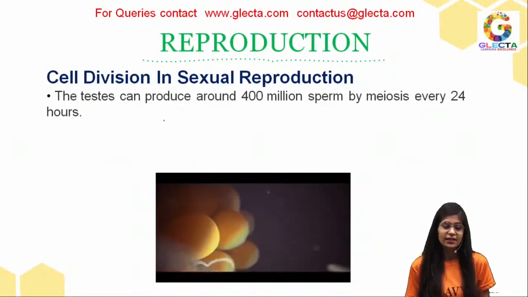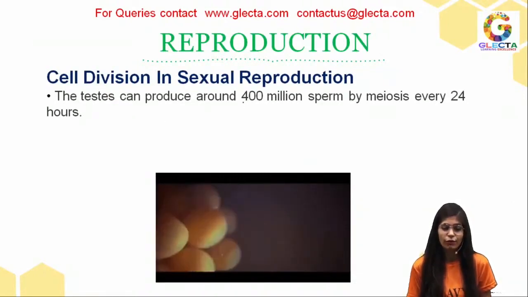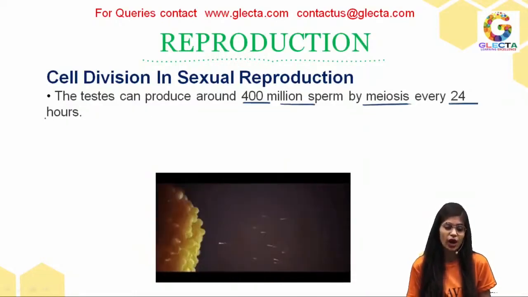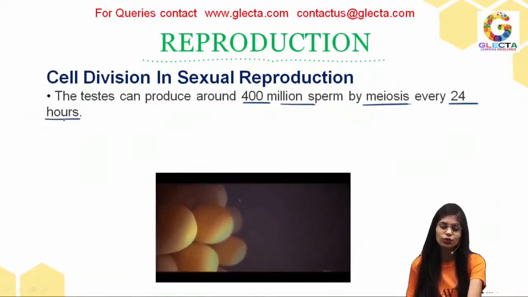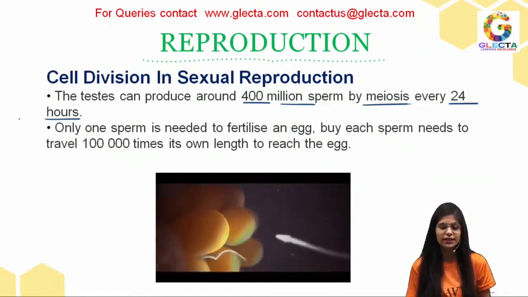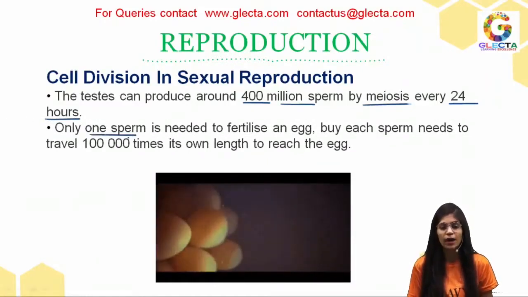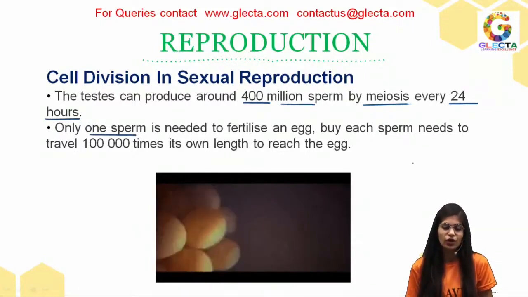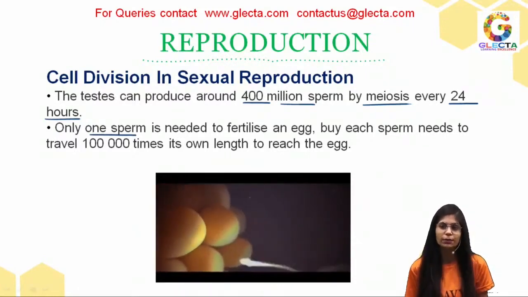So the testes in males can produce around 400 million sperm by meiosis in every 24 hours. Although out of these 400 million cells, only one of these sperm is going to fertilize the egg and form a zygote, which means we're quite literally 1 in a million.